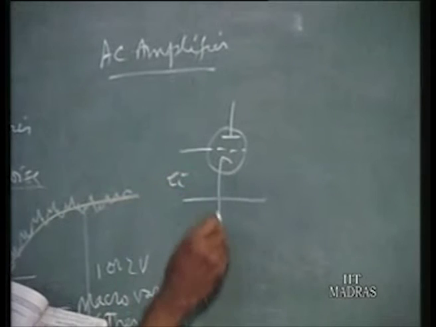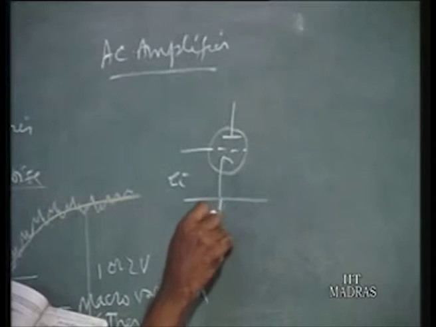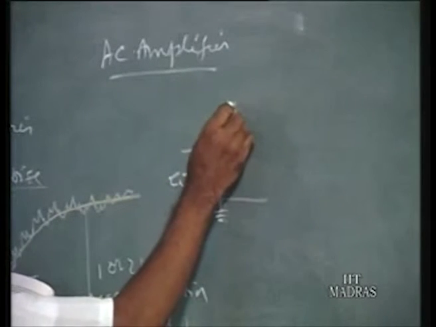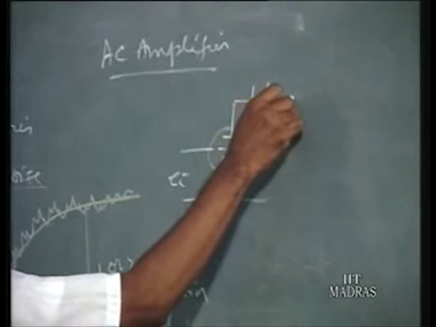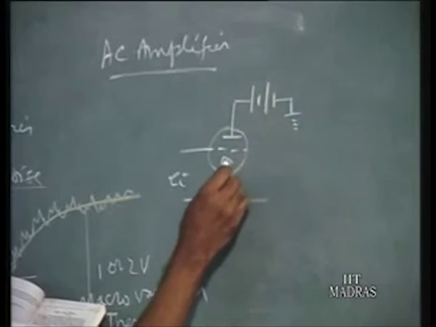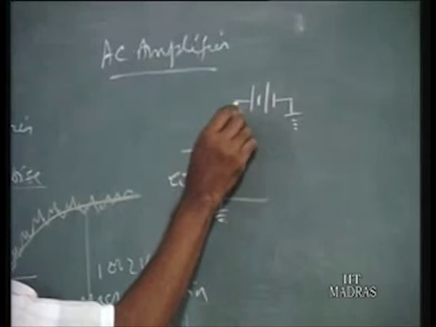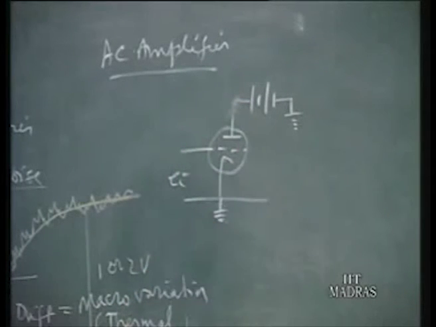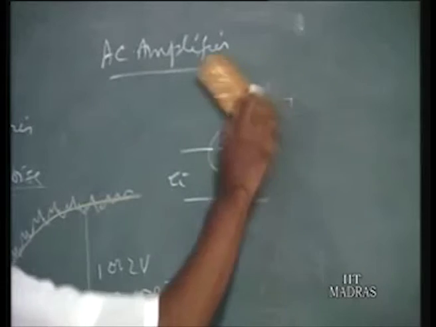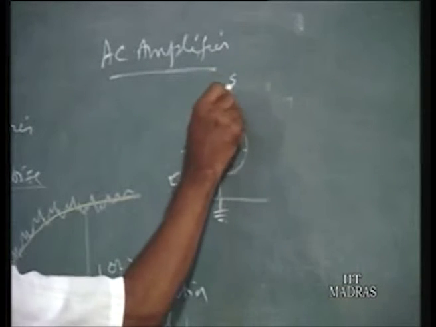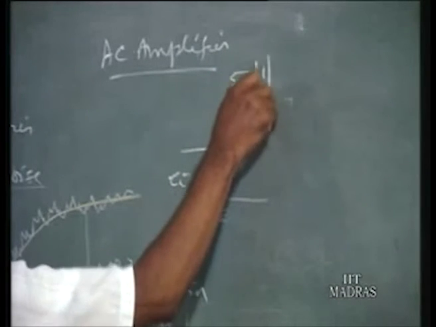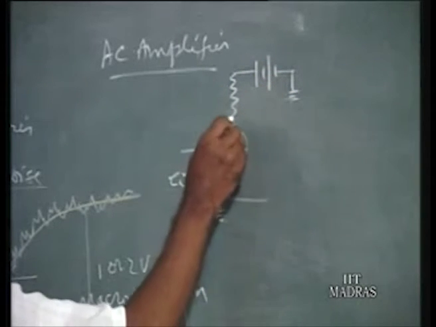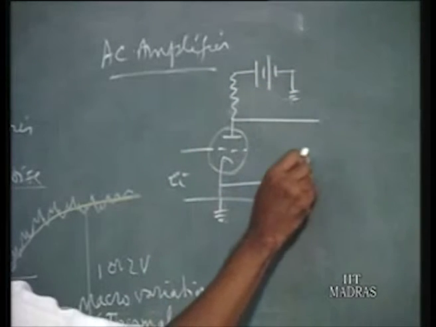So this is our EI, this is earthed, and here the plate voltage, and again earthed, with the resistance in series, and the output voltage is taken. So this is the output voltage.